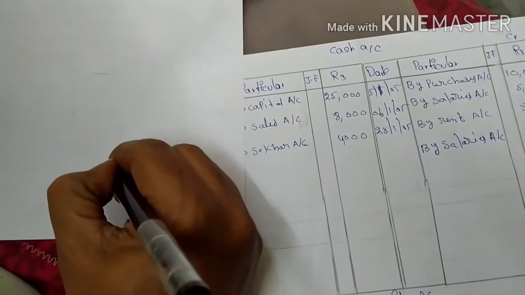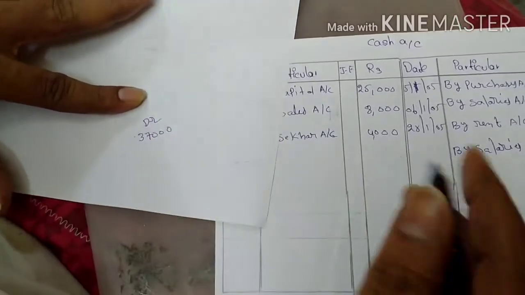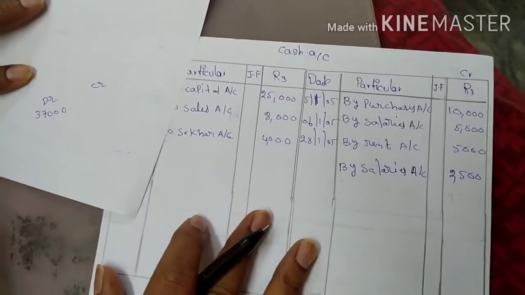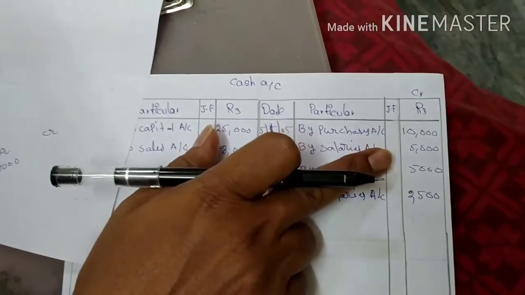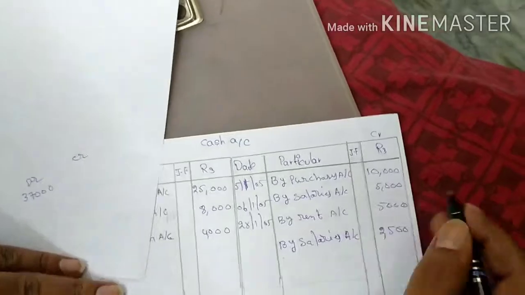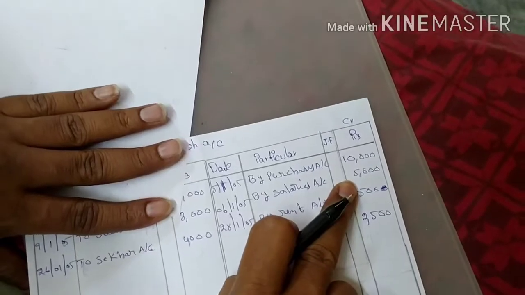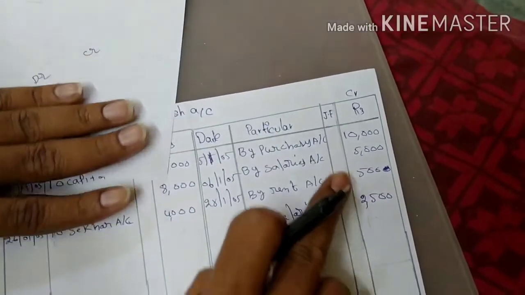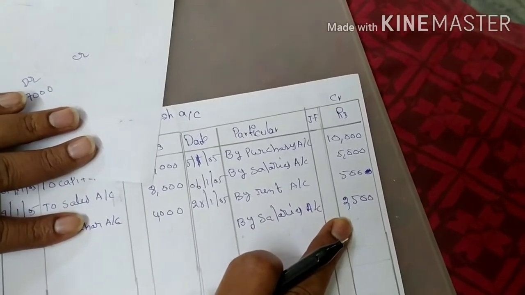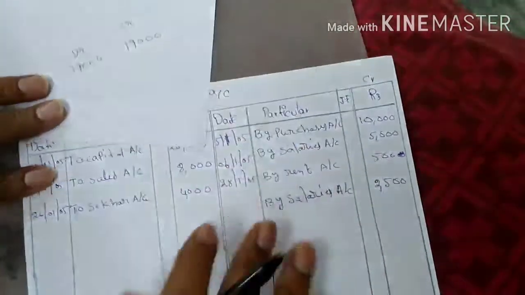In the rough area we post the debit side total of 37,000. Likewise, the credit side total is calculated: 10,000, 5,000, 15,000, plus 5,000, 20,000, plus 2,500. The credit side total will be there.